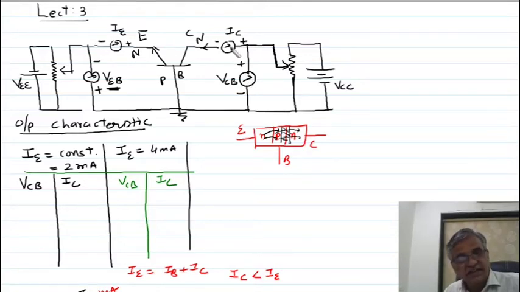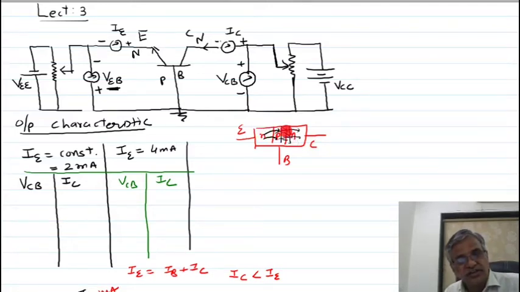The reason you are getting the collector current even though the collector base voltage is 0 is that the emitter base junction is in forward bias. As a result, electrons are injected from the emitter into the base.